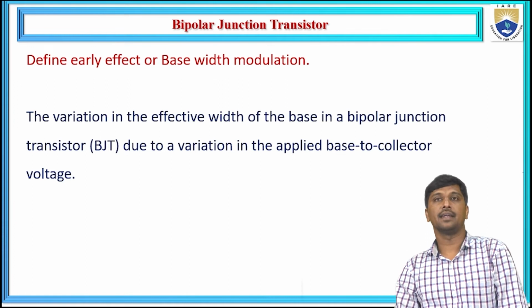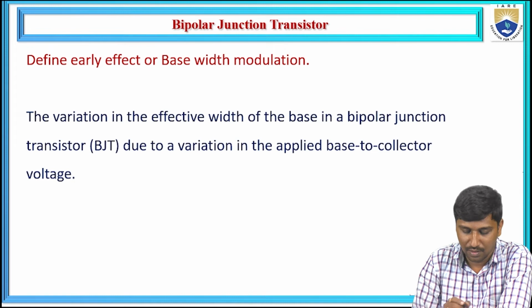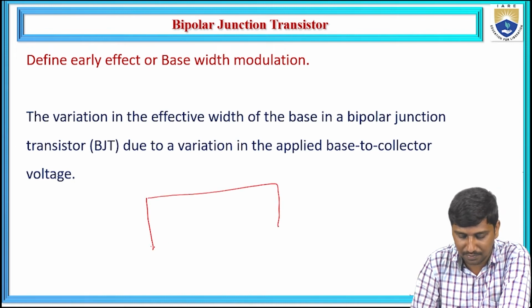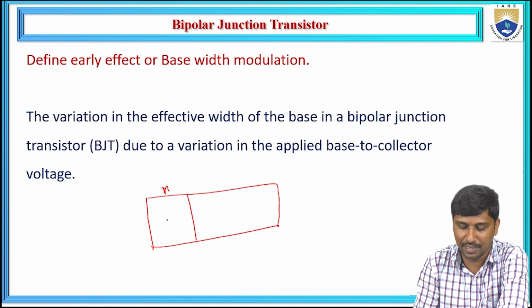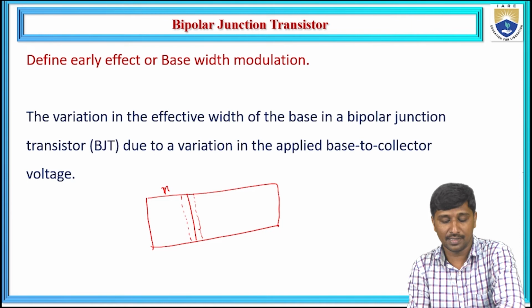Then, define the early effect or base width modulation. Let us consider the transistor construction, an NPN transistor. This is n-type material. This is the junction formed, because of the interconnection of two different materials.